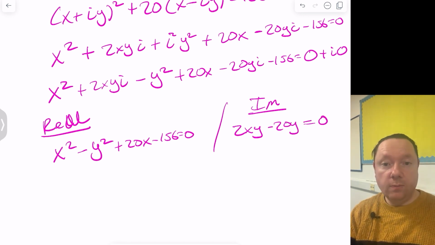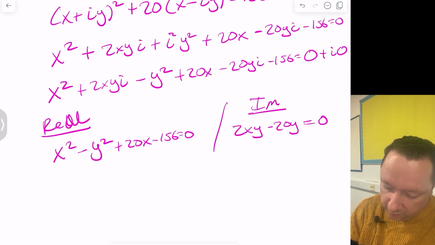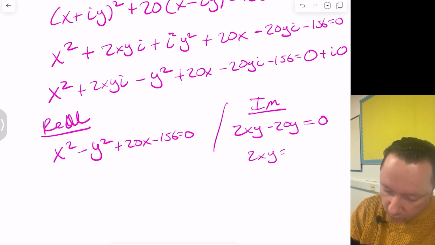So we can just solve them simultaneously. Looking at the imaginary part, because that's a simple one to solve, 2xy equals 20y, so the y's cancel, 2x equals 20, we've got x is 10 straight away.